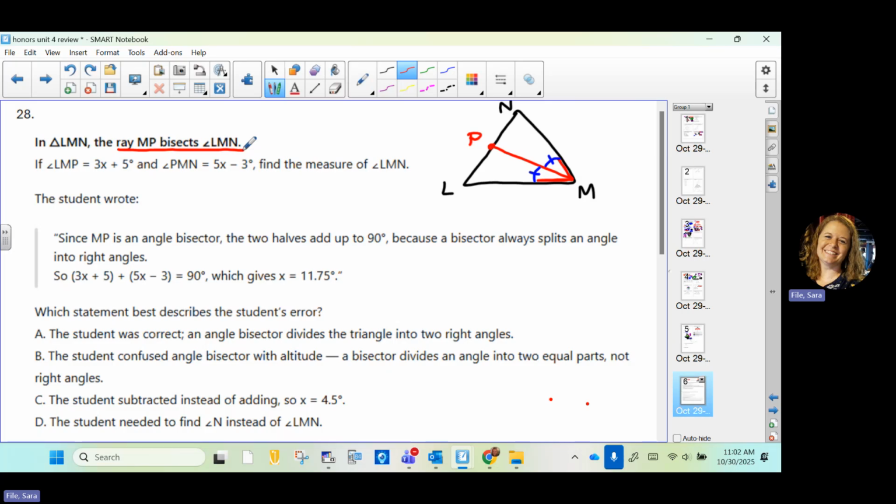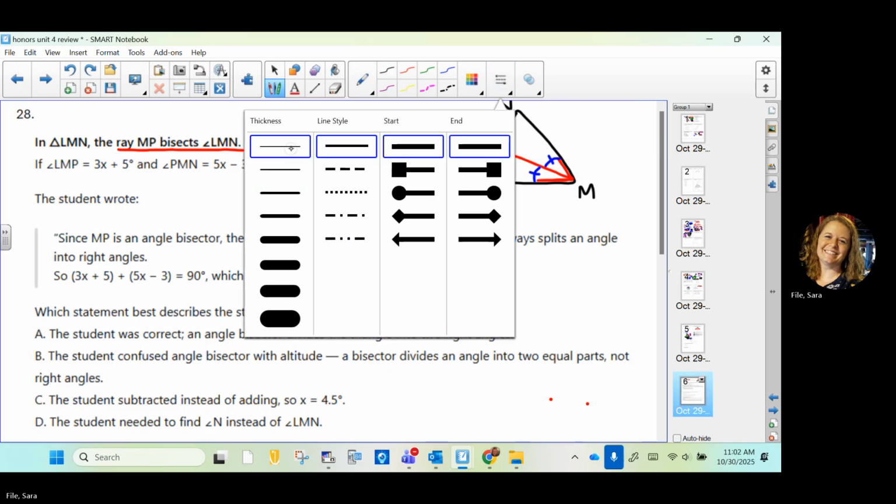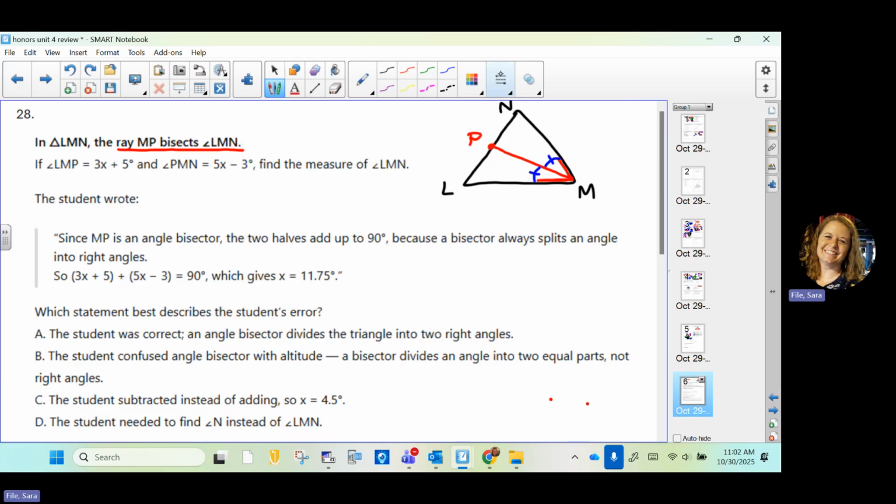Okay, now it tells us that LMP, that's this smaller one at the bottom, is 3x plus 5. And PMN, so that's the smaller one at the top of the bisected angle, is 5x minus 3.